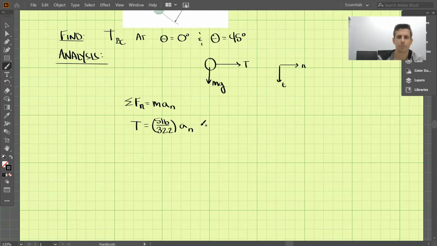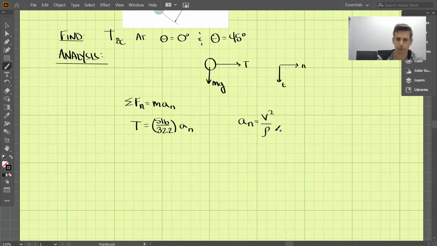Now, if we know this bob starts out from rest, remember there is a relationship between the normal acceleration and the velocity: a_n is equal to the velocity squared over rho, where rho is the radius of curvature.